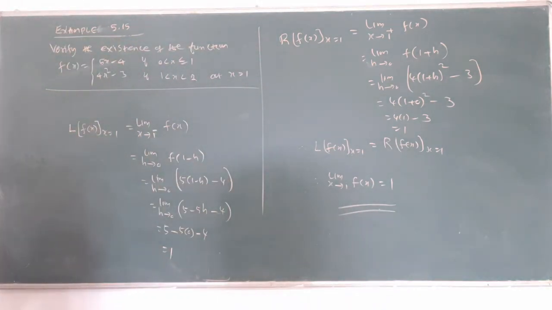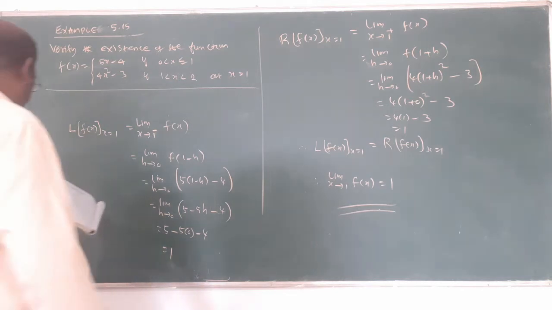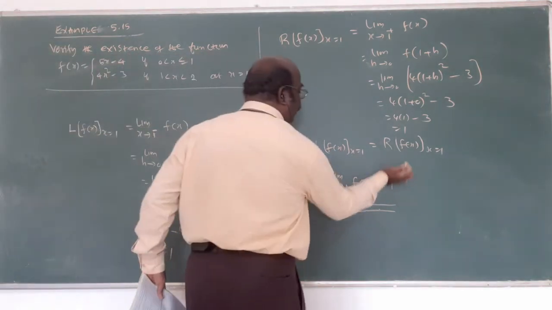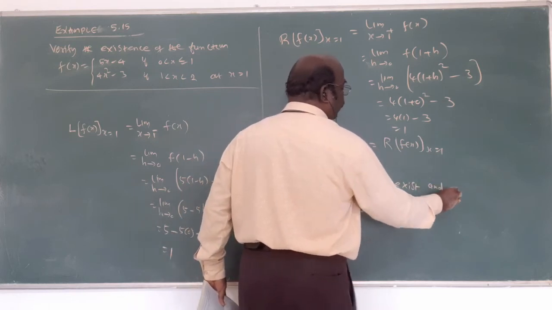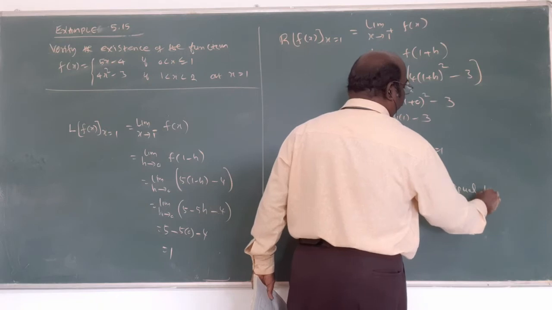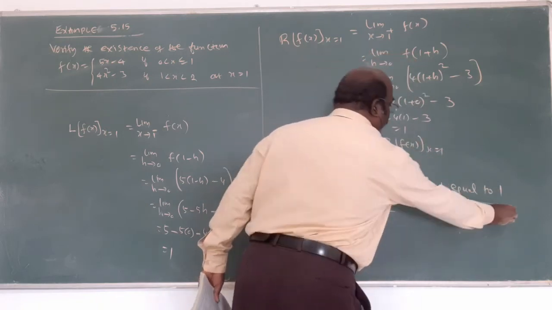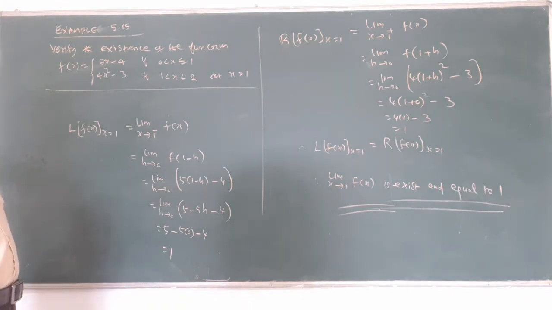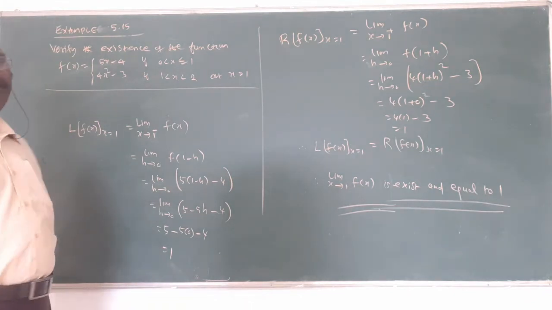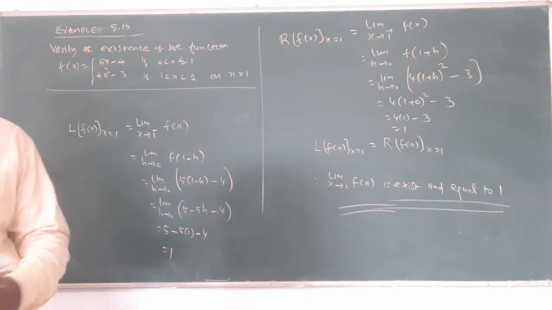Left and right are equal, that's why the limit exists. That is all we are asking. Both exist because both are equal. The same method: left limit, right limit. That's all.